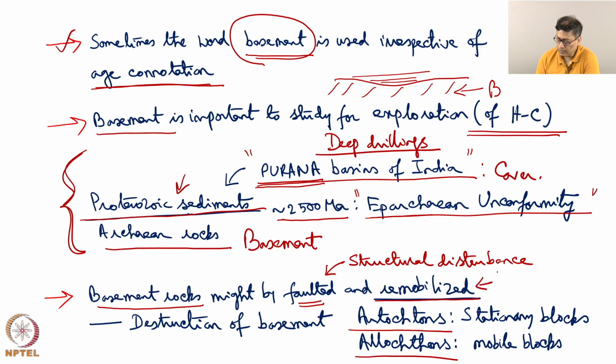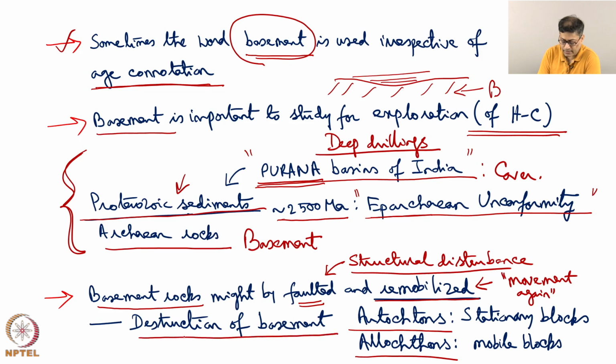Loosely speaking, remobilization means movement again, and in this process of structural disturbance sometimes the basement gets destroyed. Two manifestations can be found regarding the basement: autochthons, when the blocks are stationary and not much movement has happened, and allochthons, when the basement rocks have moved, or the mobile blocks we can say.